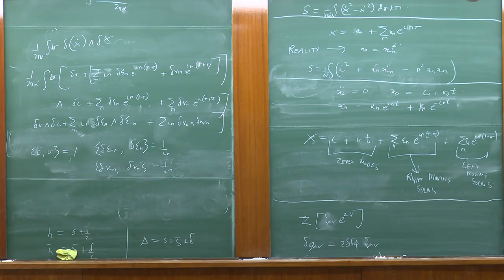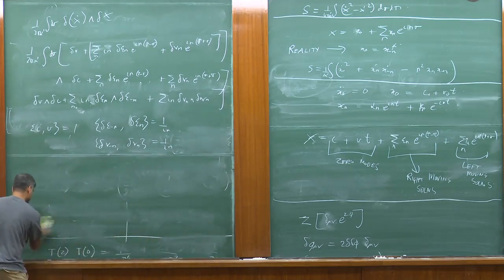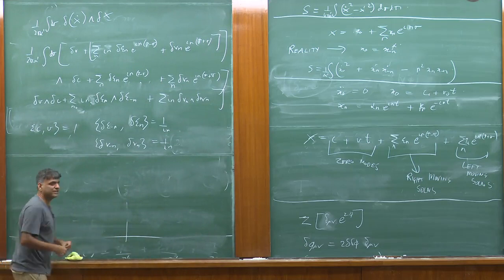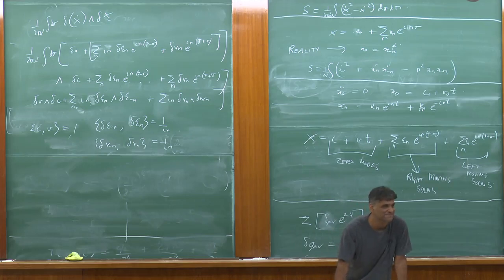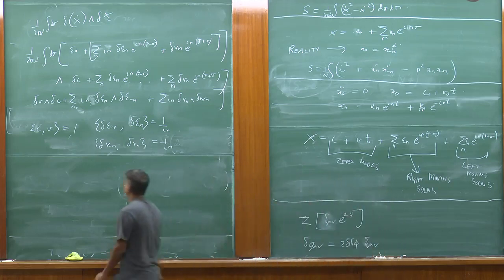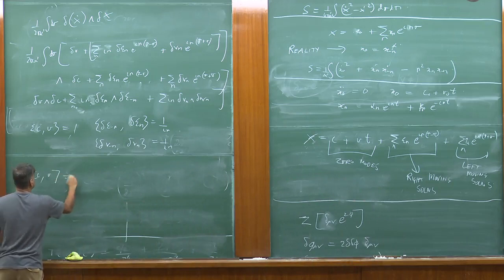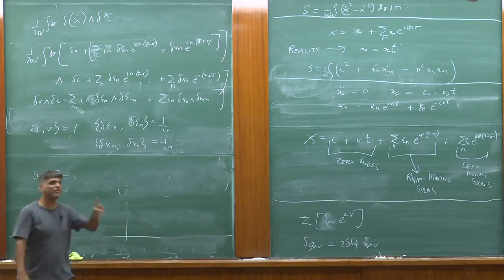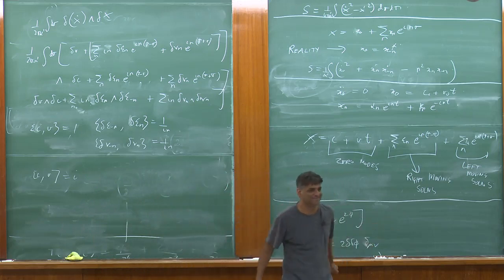Now when we move to commutation relations, once we have a Poisson bracket, we add an i on the right hand side. So we have the commutator of c and v equal to i. This is just the position-momentum commutation relation, because the zero mode behaves like position and momentum for a particle.